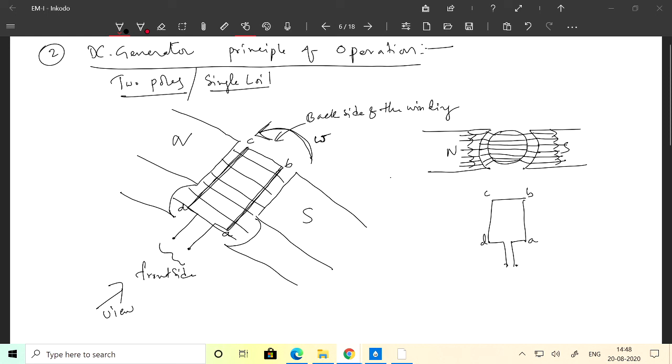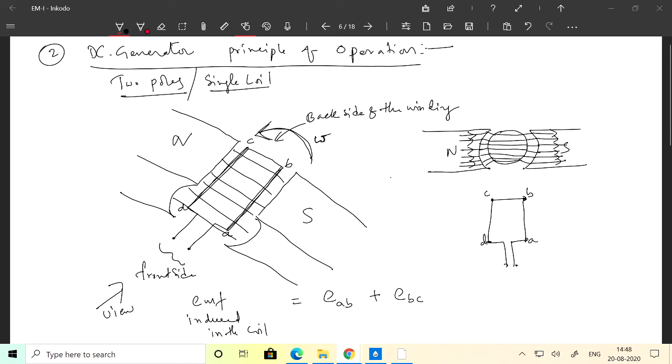I am saying that the EMF induced in the coil is equal to the EMF induced in side AB plus the EMF induced in BC, the length of the conductor, this length and this length.